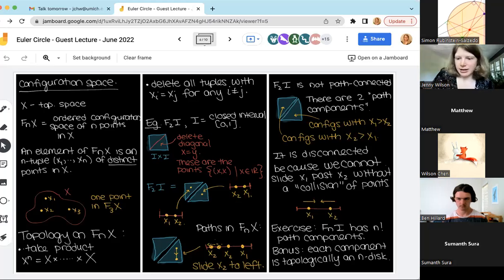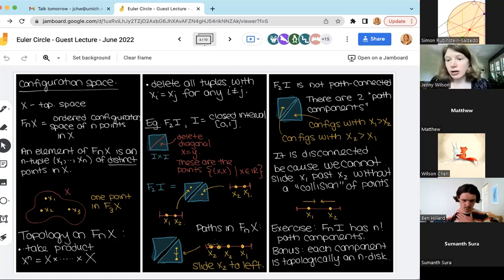I mean, X is the same as the configuration space on one point in X. And so this question of finding continuous maps from the configuration space of just one point on X into the configuration space of n points on X comes back to the other question about, do we have continuous maps between configuration spaces? Like, can I continuously add new points in a way that is, globally across all configurations, a continuous operation?